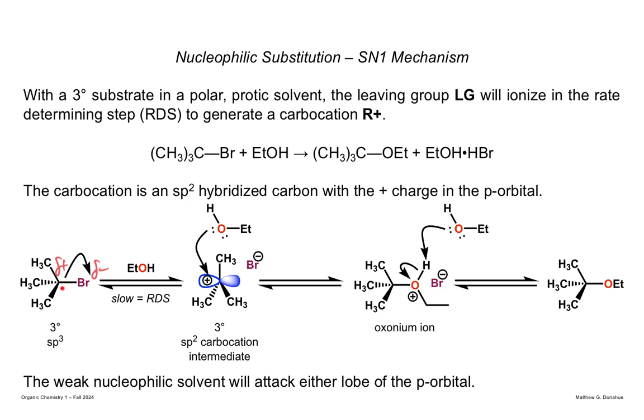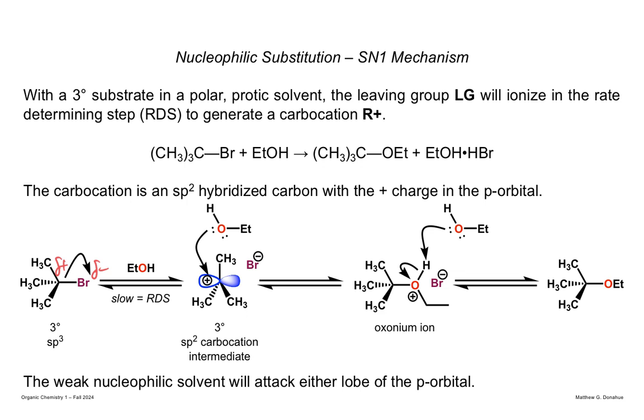The other main thing to note, you're starting with an sp3 hybridized carbon. When it ionizes, that's the slow step. So the carbon's now sp2 hybridized. The plus charge is in that p orbital. And see these 3 methyl groups?